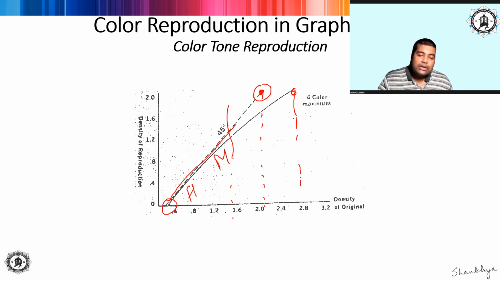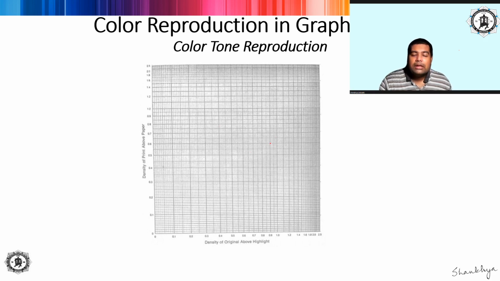Okay, so we saw this particular graphing tool, which will help us to better identify that and better plot the data. This is a graph where the intervals in the highlight areas are much more widely spaced, so that even a small change or variation in the tone in the highlight area is more drastically understandable when you plot it in this particular graph than in your normal linear graphing scale.